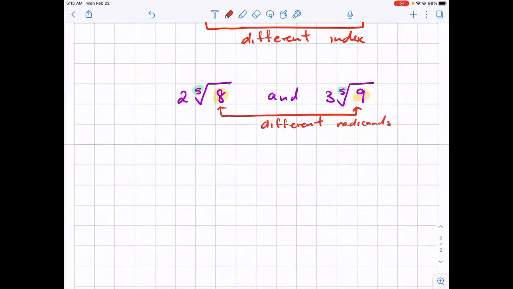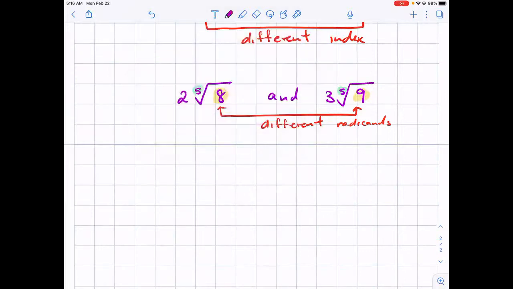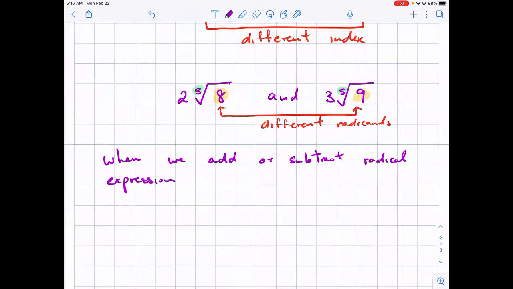Now, when we add or subtract radical expressions, it's the same as adding polynomials.